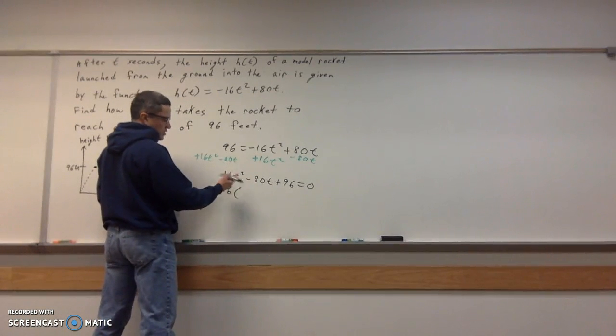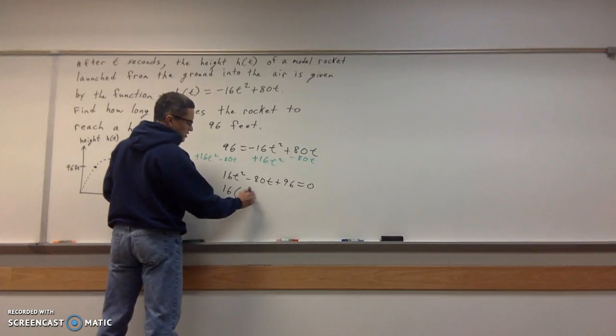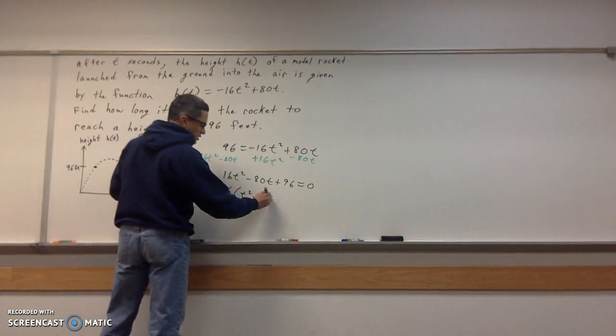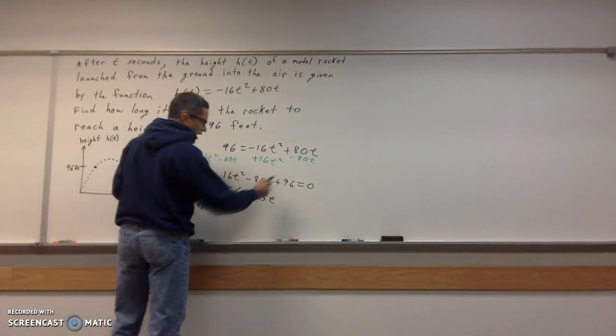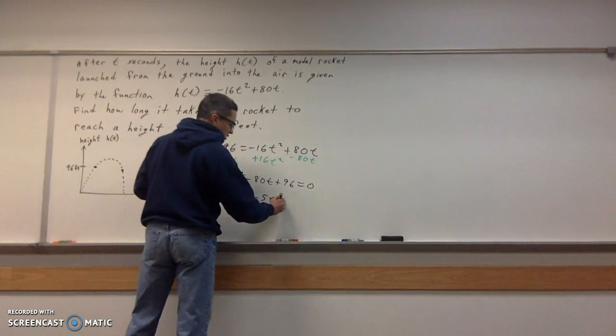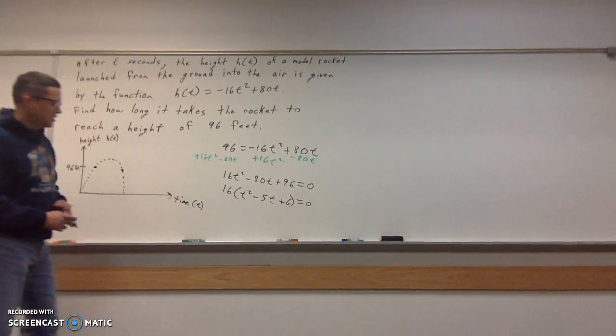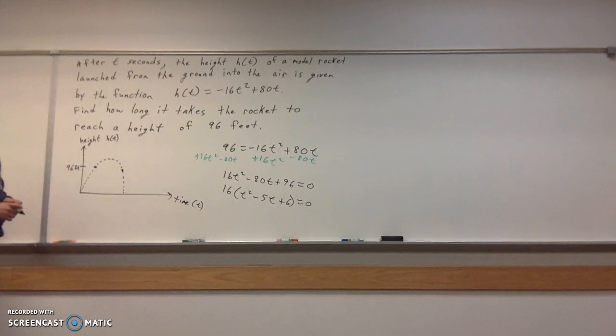It goes into 16 one time, so we have t squared there. Then it goes into 80 five times, so 5t. And it goes into 96 six times. So we're looking at 16 times the quantity t squared minus 5t plus 6 equals 0.